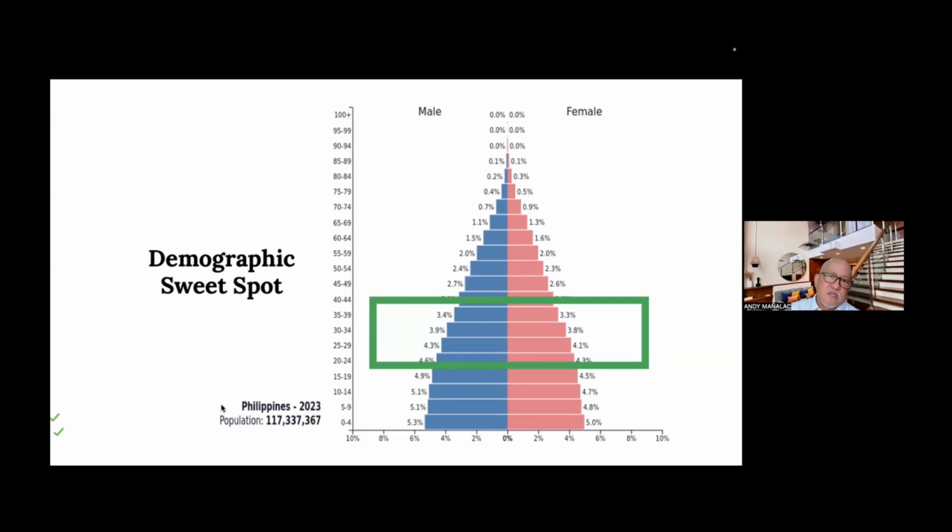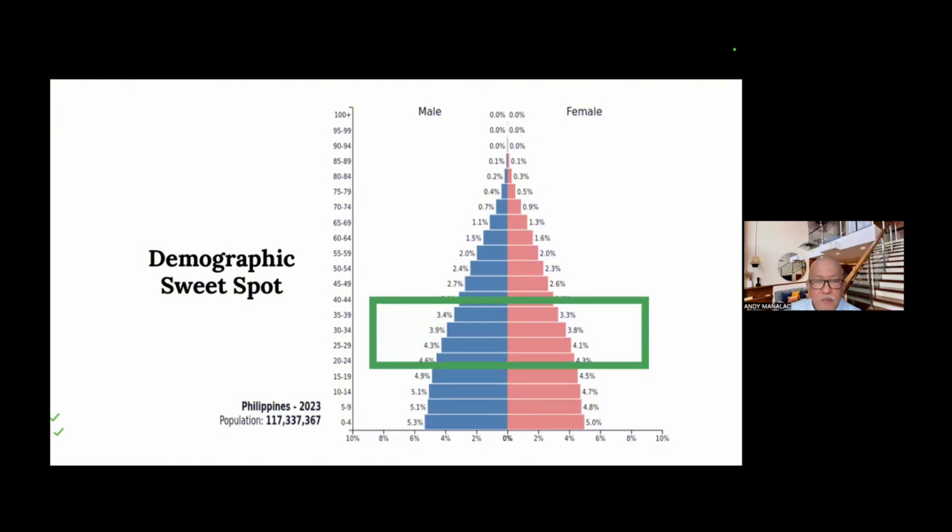The 20 to 40 years old is about 42 million already, and it's going to expand until 2032. So which means that's a very, very big market also for rentals, for domestic tourism, which is very important. And that's the most mobile age bracket.